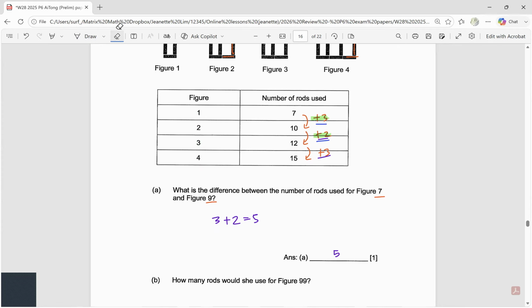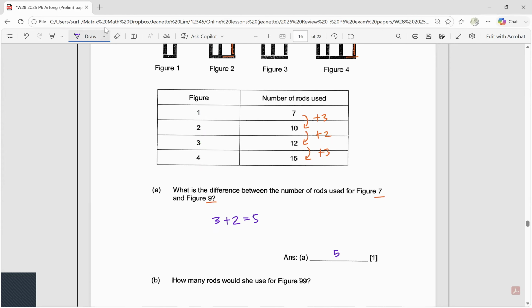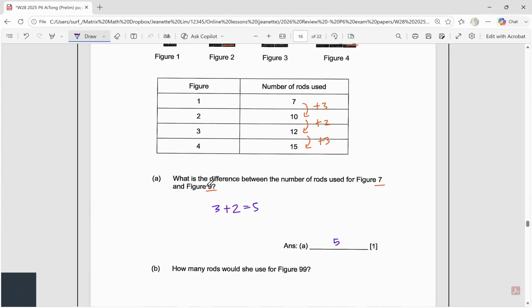Now, figure 99. Hold on, let me remove this. Okay, so figure 99, we use interval concept. So basically, how are you going to get figure 99, right? So what we do is we start off with a 7, then we add 3, add 2, add 3, add 2, add 3, add 2, and so on.